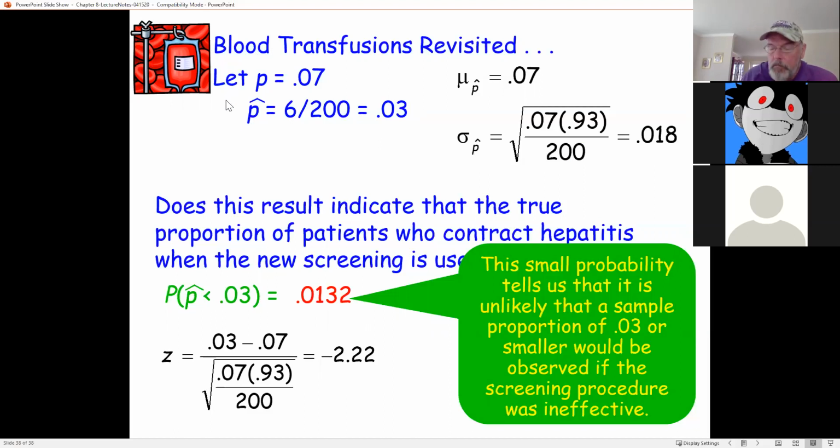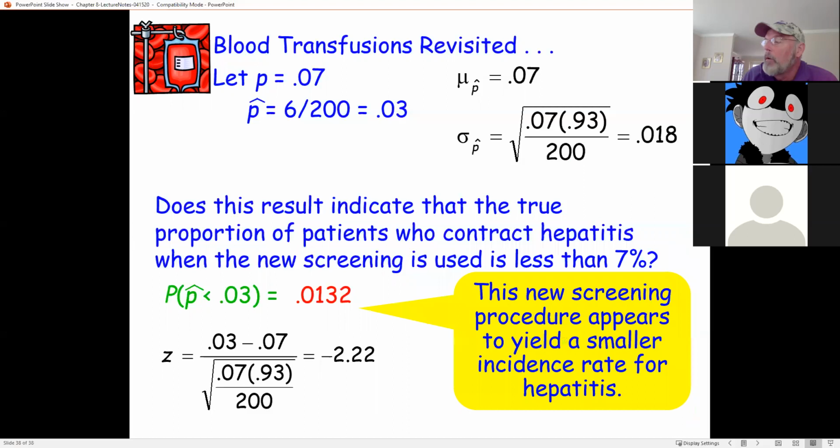All right, questions? So the new screening procedures appear to yield a smaller incidence rate of hepatitis.